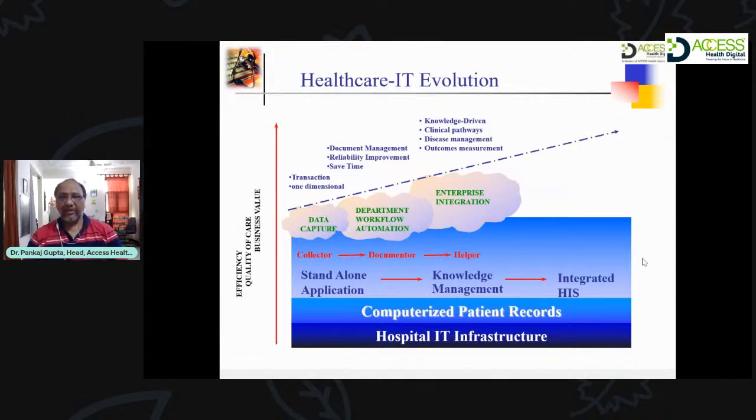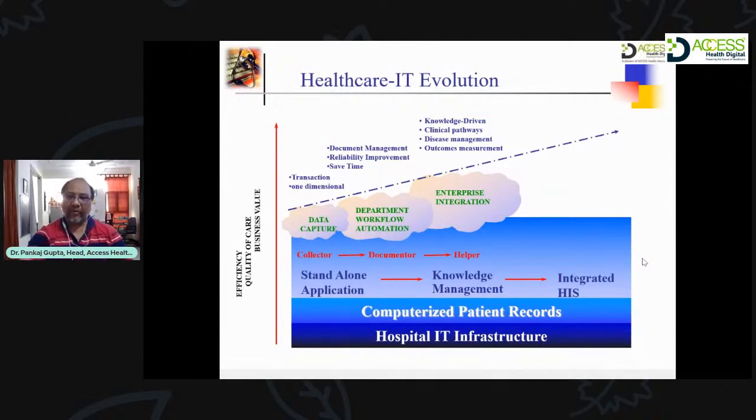So large hospitals and chains of hospitals are still at this level where they are struggling to integrate different systems, and this is called enterprise integration. Really, things haven't moved beyond this in the last so many years that I have been watching.